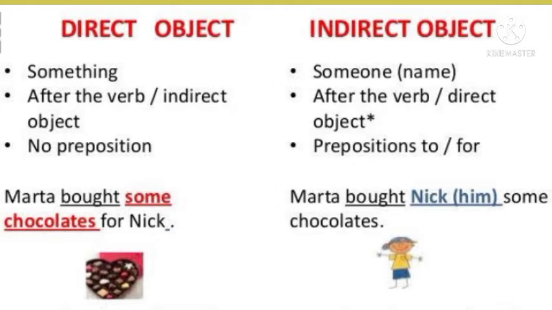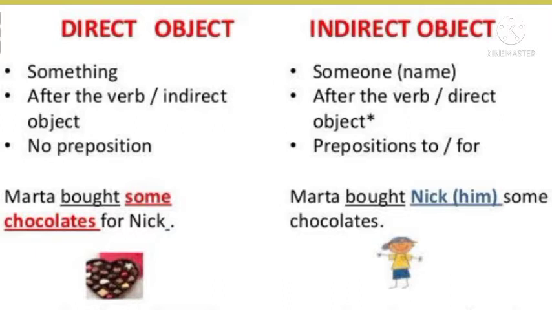It may be an object, but an indirect object is a person, someone. So this is a major difference. A direct object is something, maybe a thing or an idea, but an indirect object is someone, so it may be a person.